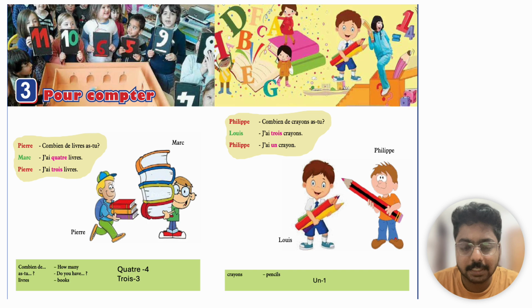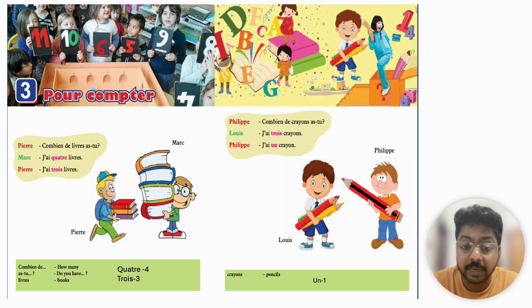Next conversation, it is between Philippe and Louis. Philippe, combien de crayons as-tu? J'ai 3 crayons. J'ai 1 crayon. Philippe is asking, how many pencils do you have?